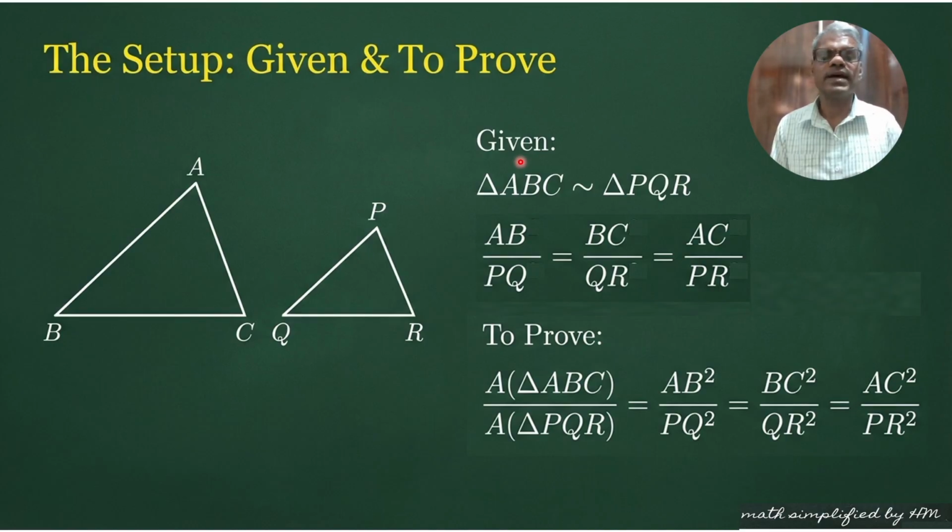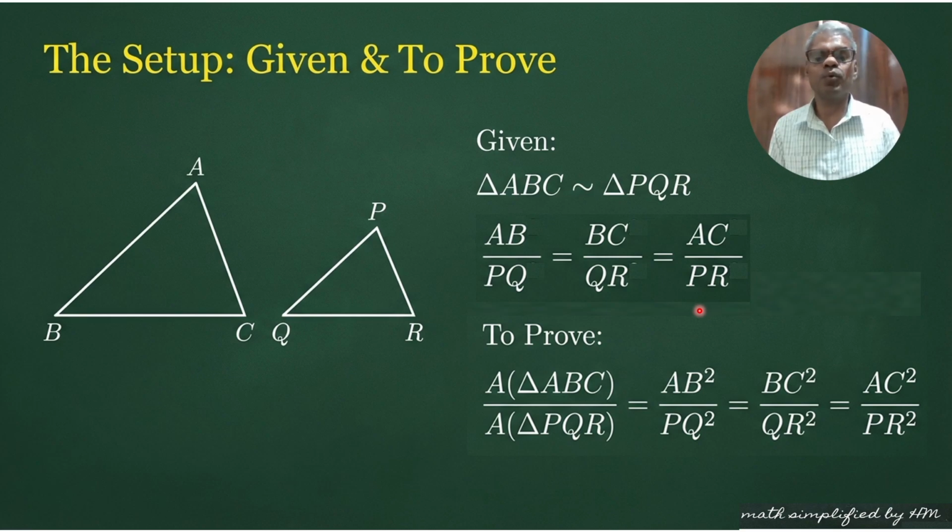Given that there are two triangles similar to each other, so we take triangle ABC is similar to triangle PQR. As these two triangles are similar to each other, by definition of similarity of triangles, we get AB upon PQ is equal to BC upon QR is equal to AC upon PR.